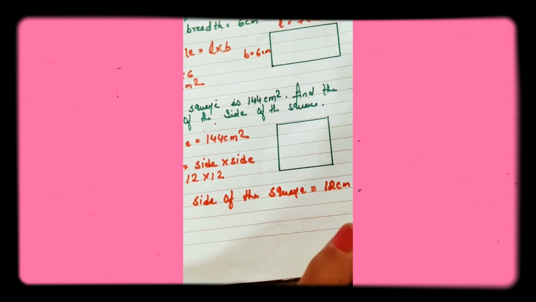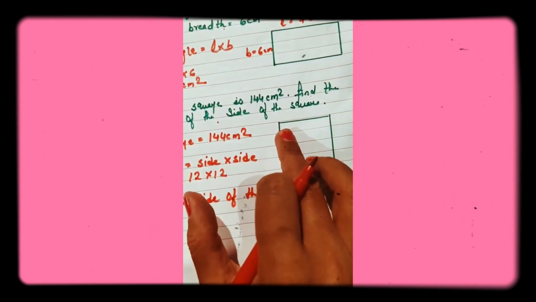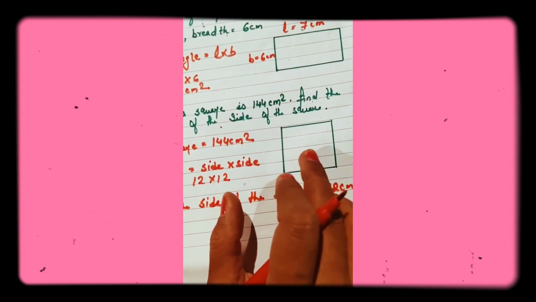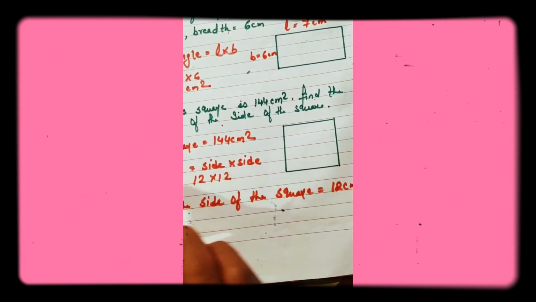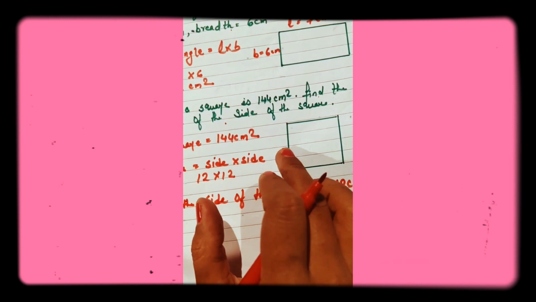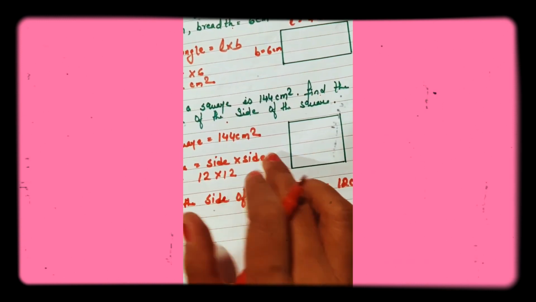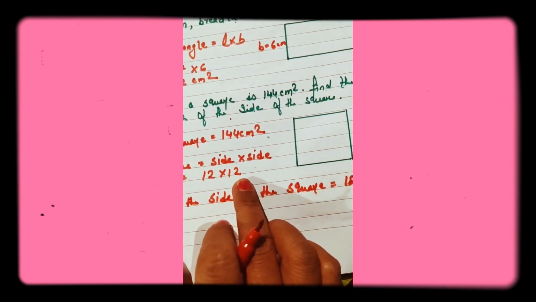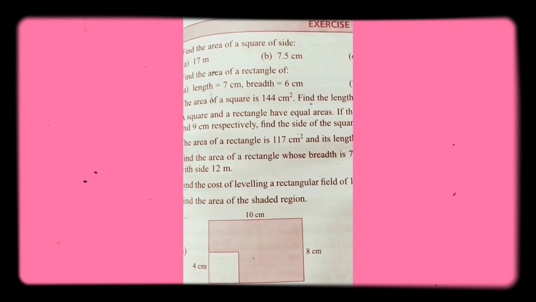You understand or not? Actually full area is given 144. We have to find out one side. So 144, which table we have to multiply, that 144 will become. So 12 multiply with 12 is 144. So your one side is given 12 centimeter. Understood?